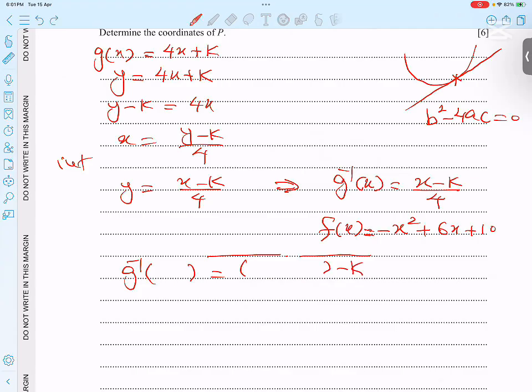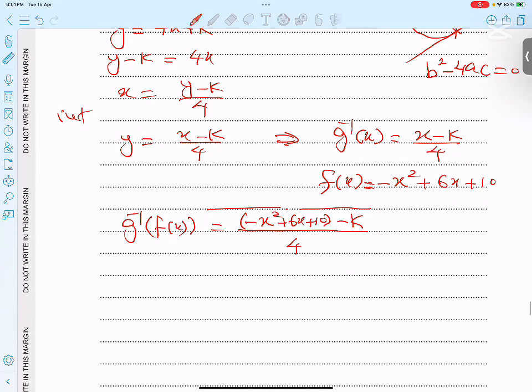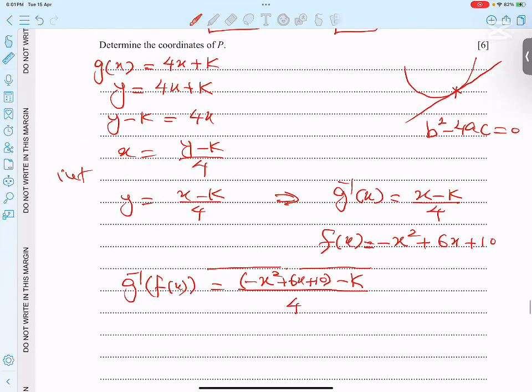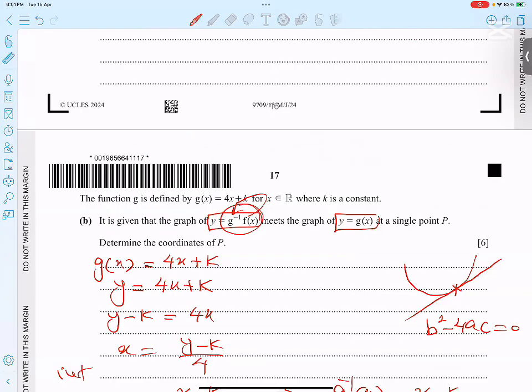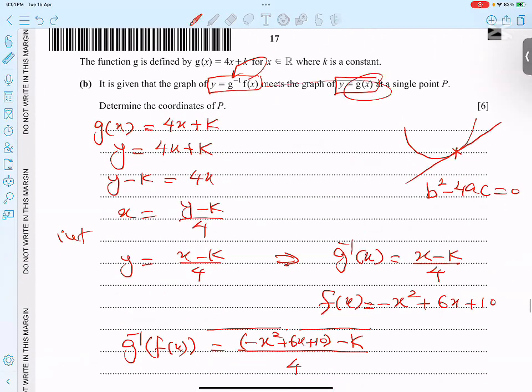I repeat again, students, how many x is available. And this will come on the left side and this will go on the right side. So I'm writing here f of x: negative x squared plus 6x plus 10. I got this function. Second, g of x we have already here.